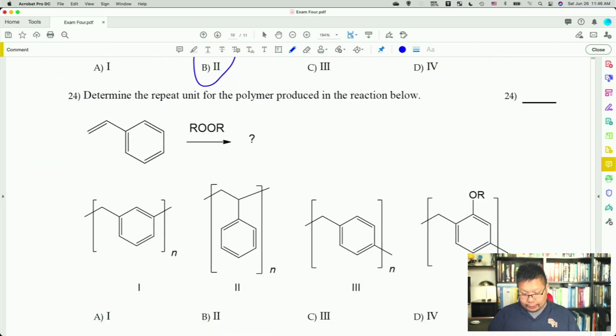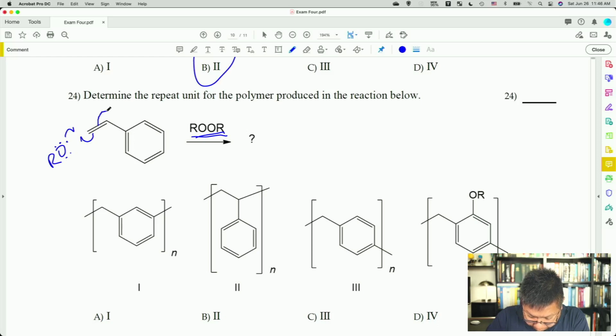Here we have an actual polymerization reaction, right? Using a peroxide, the peroxide being the initiator. The initiator is going to be a peroxide radical, and then it will initiate a radical reaction like that.